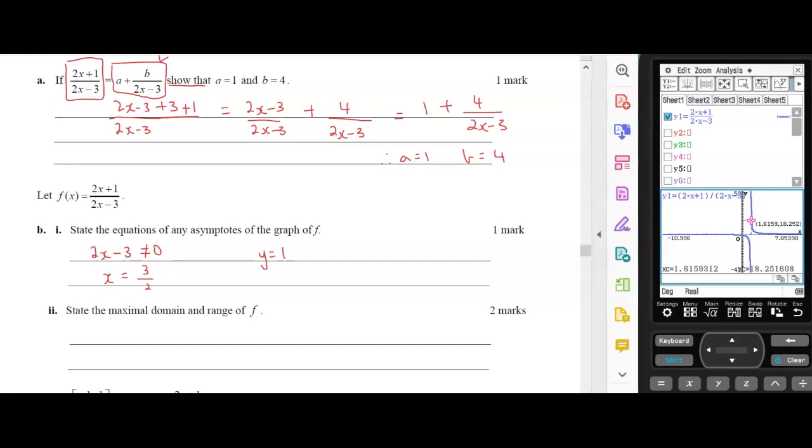So I'm moving it. Sorry. Come on. It doesn't really move. So we're at x equals 1.4, and then it jumps to x equals 1.6. So 1.5 being our asymptote does make sense.